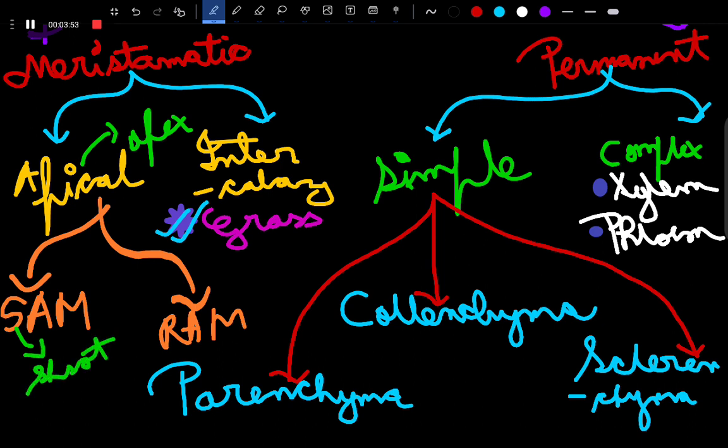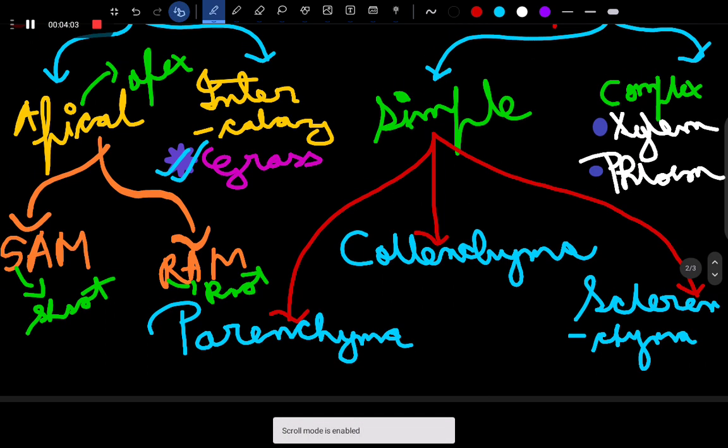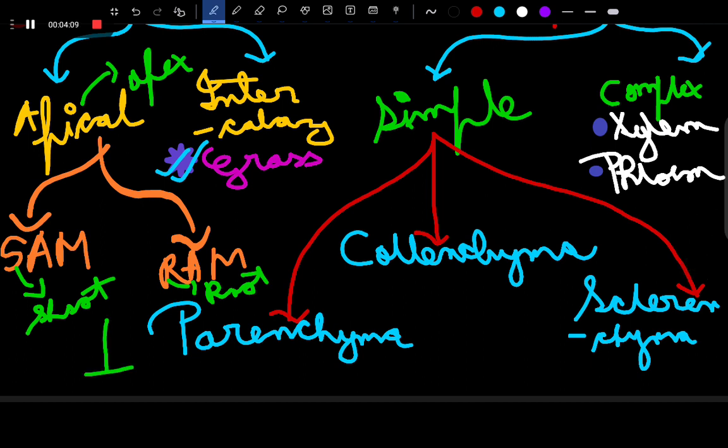Let me write them for you. And this thing is root. The shoot apical meristem is found just at the tip of the plant. Here's a plant, let me draw it for you. One leaf, another leaf, and let it be a flower also. Awesome. And how can you forget about the roots?